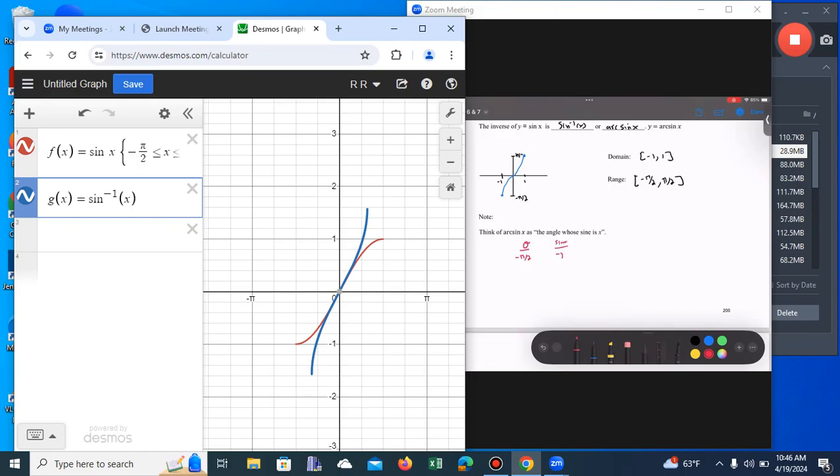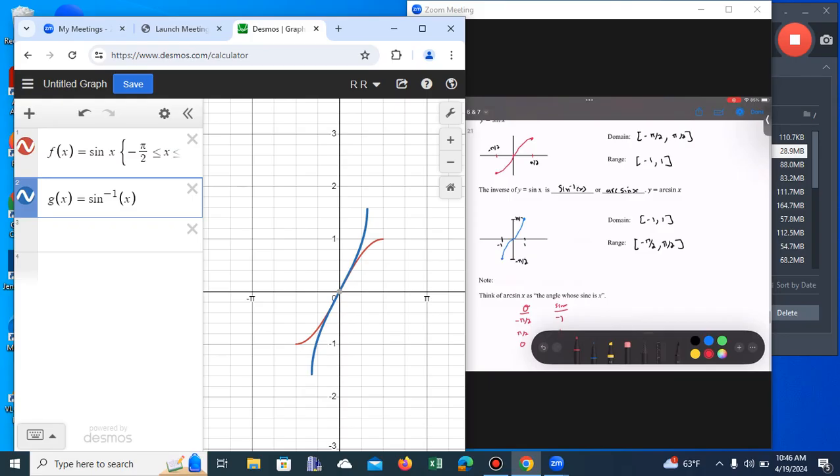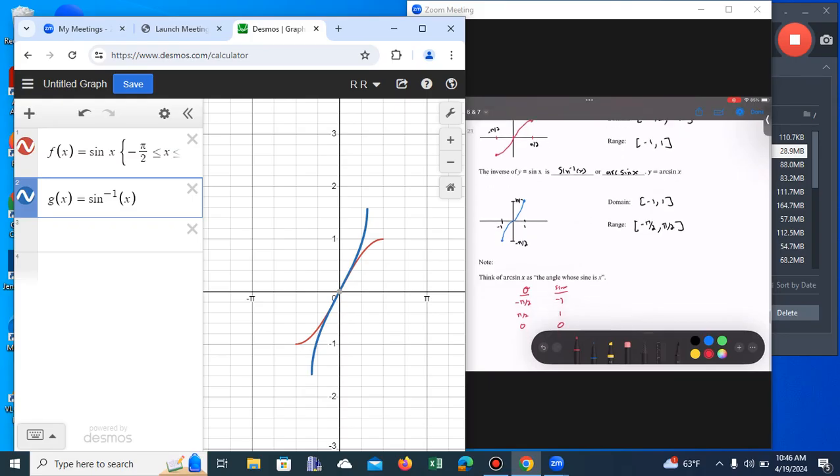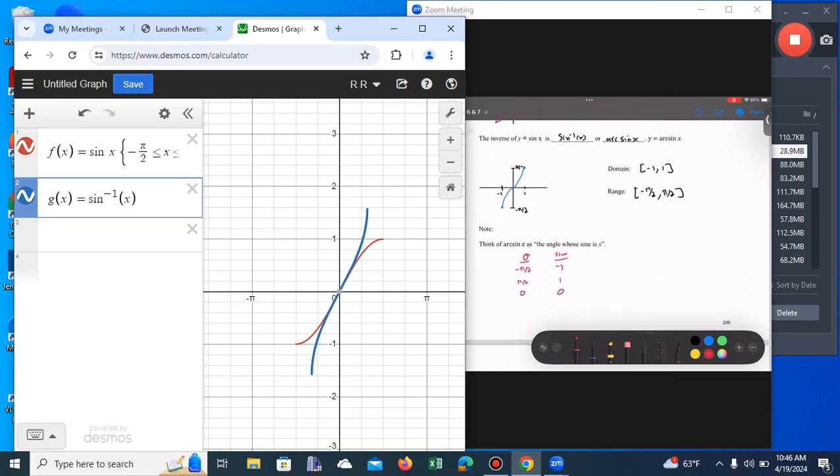If it was pi over 2, you would get 1. If it was 0, you get 0. Those 3 points align with both of these. It's just that your angle is now on your y-axis instead of being on your x-axis. Everything is just kind of reversed with the graph.